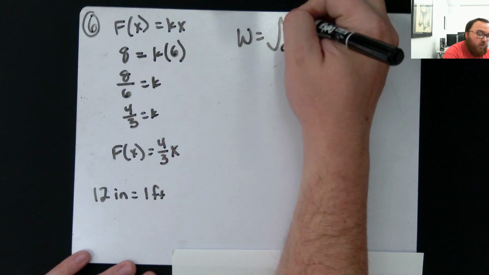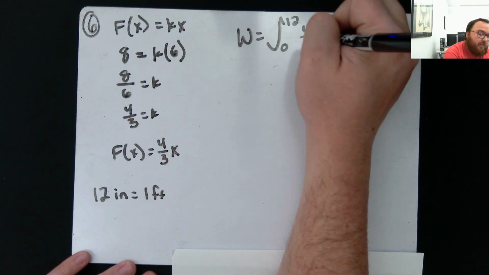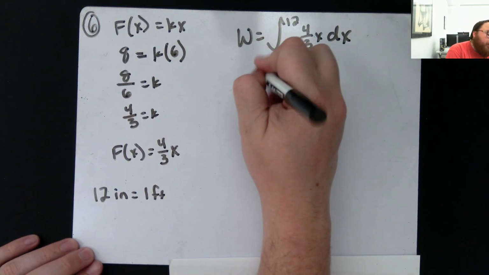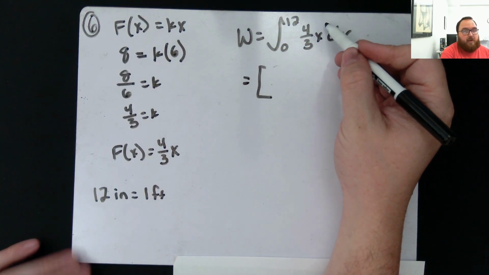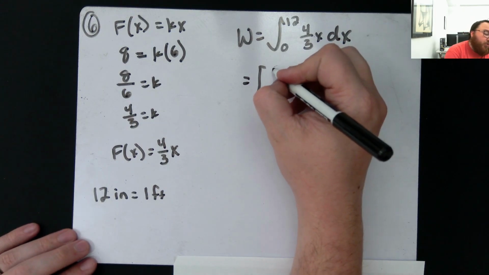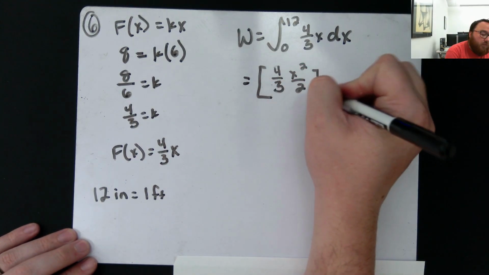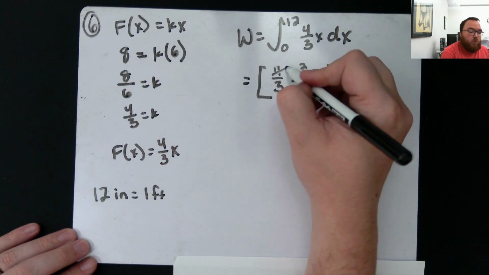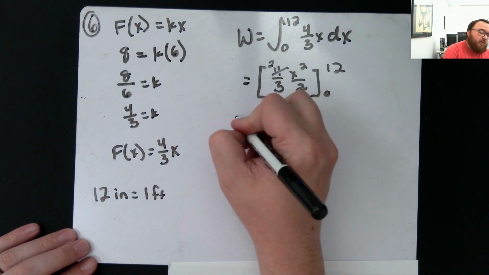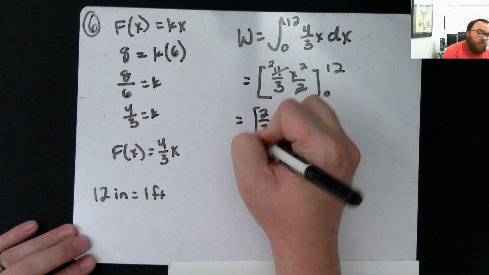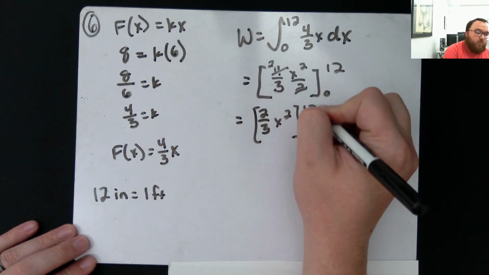So 0 to 12 of 4/3 x dx. Take the antiderivative of that, add 1, which would make it 2, divide by that 2, 4/3 x squared over 2 from 0 to 12. 4 over 2 makes it 2, so this is going to actually be 2/3 x squared from 0 to 12.